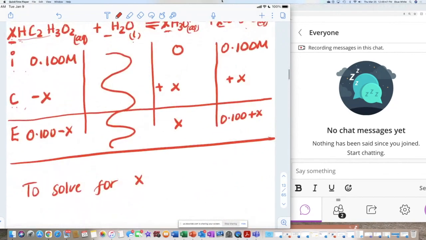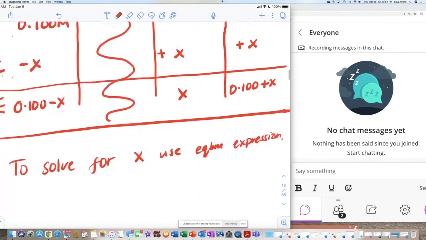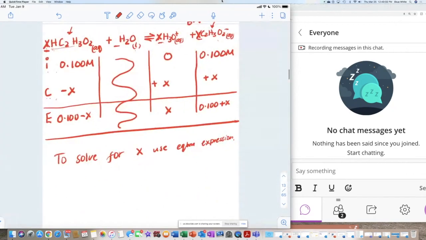So to solve for x, I will use the equilibrium expression. Let me write the expression here.